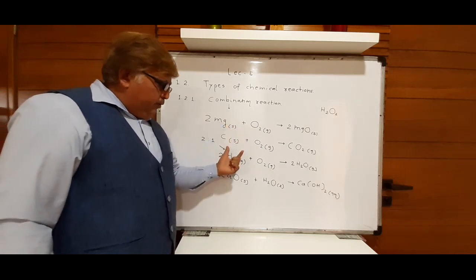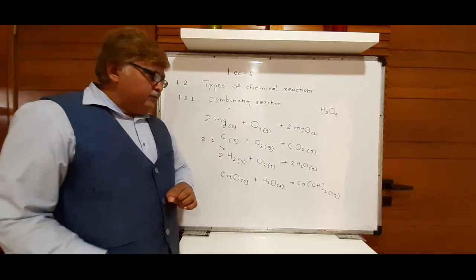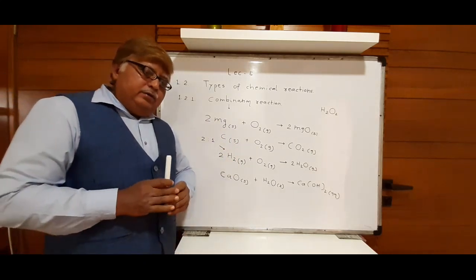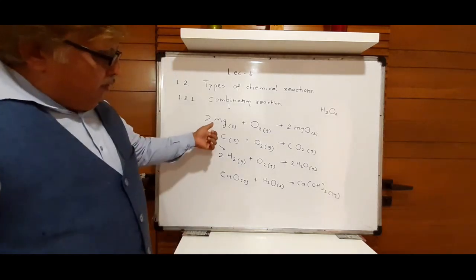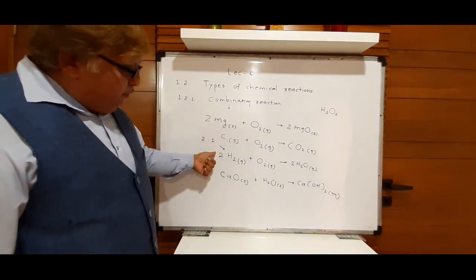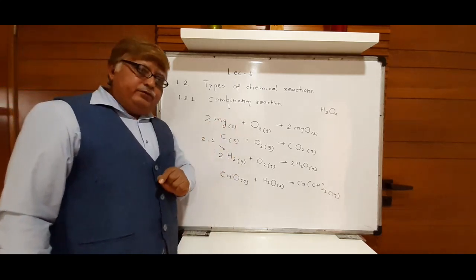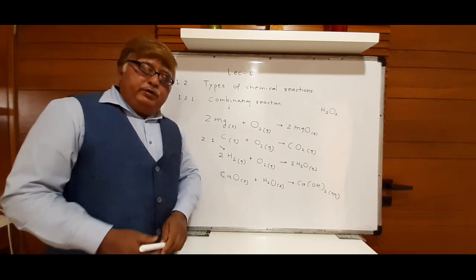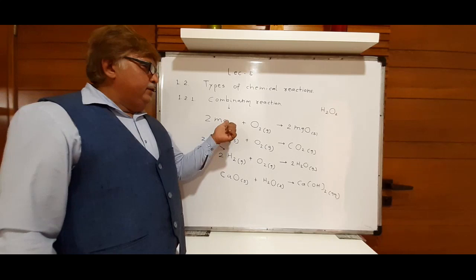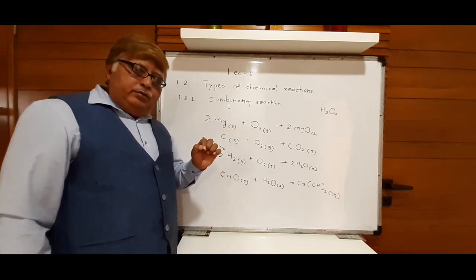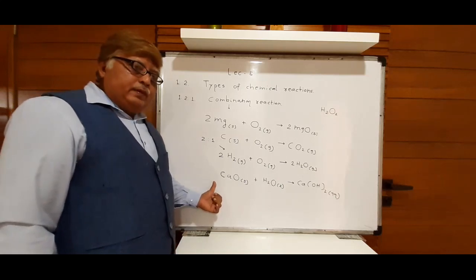Now, all 4 equations I have written here, you must have noted down in your book, and let us try to summarize all 4 reactions in form of definition. So when I speak, you have to concentrate and note down the definition of combination reaction.